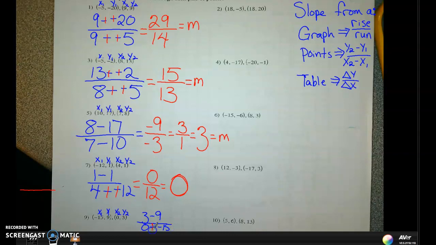Minus a negative, plus. 3 minus 9 is negative 6 divided by 15. Now, to simplify, I can divide by 3, I can divide by 3. So that's going to be negative 2 divided by 5. So negative 2/5 is our slope, or m, for number 9.